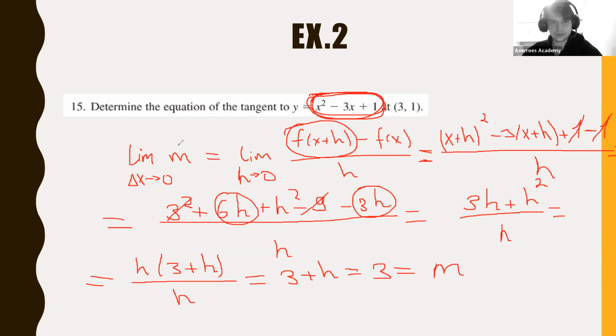So we know that the slope of the tangent equals 3 at this specific point, right? We finally found it. Good?